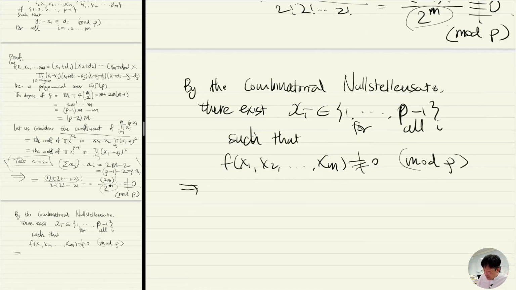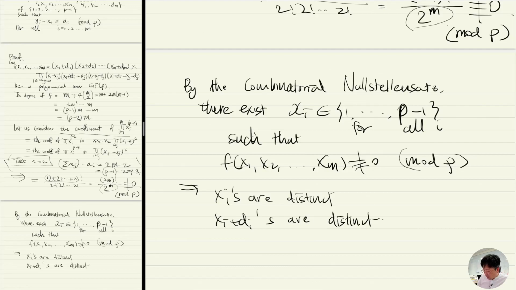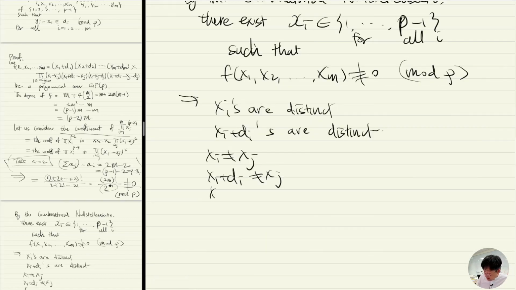This implies that the xi's are distinct, the xi plus di's are distinct, and xi is not equal to xj, xi plus di is not equal to xj, xi plus di is not equal to xj plus dj, and xi is not equal to xj plus dj.